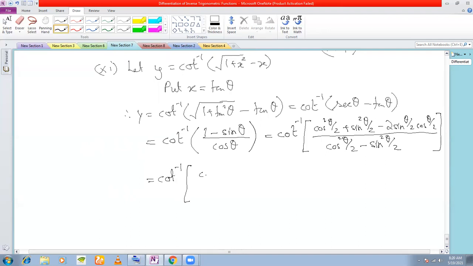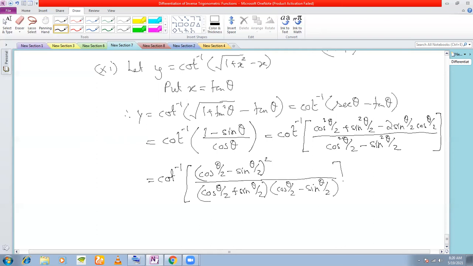Now we get cot inverse. In the numerator, we are getting cos theta by 2 minus sine theta by 2 whole square, and in the denominator, you break this up as a plus b into a minus b. Okay, so now which one will cancel?